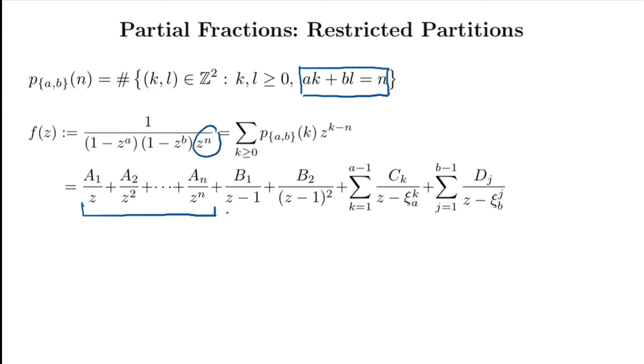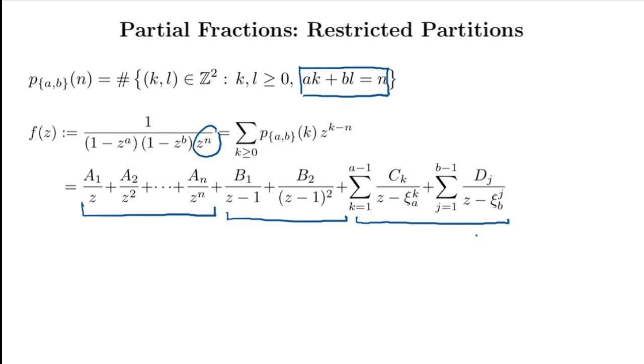Then we have two terms over here that come from the pole at z equals 1. That's a double pole. And we can compute those coefficients b1 and b2. And then there are some terms over here. They come from a-th roots of unity and b-th roots of unity. And if I assume that a and b are relatively prime, then all of these non-trivial roots of unity are simple poles of my rational function.